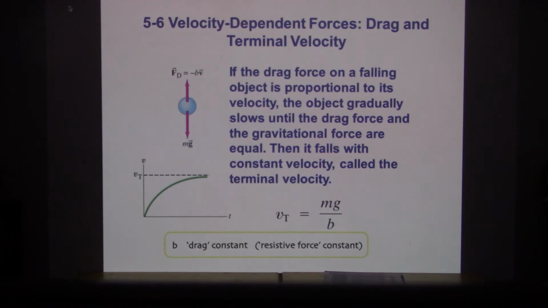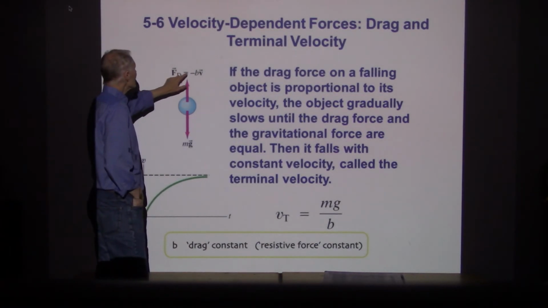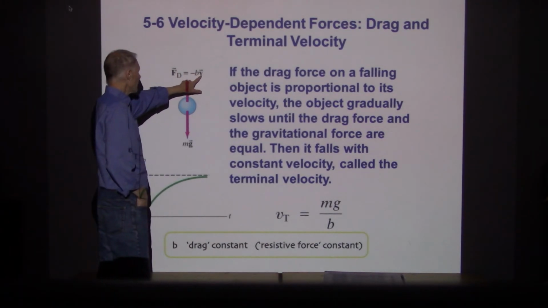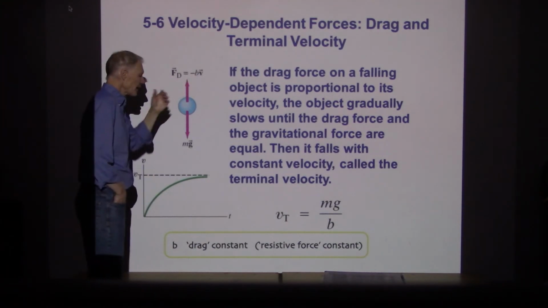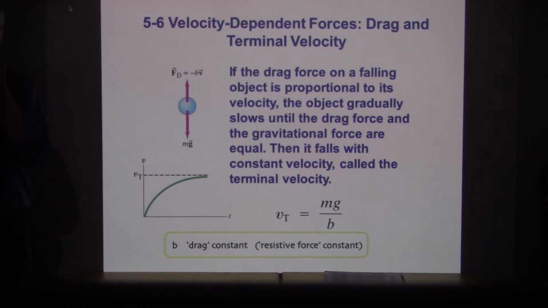One of the formulas we could use to model how air resistance works is to say that the air resistance is proportional to the velocity and in the opposite direction. That minus sign is reminding us that the direction of the force is opposite to the velocity.